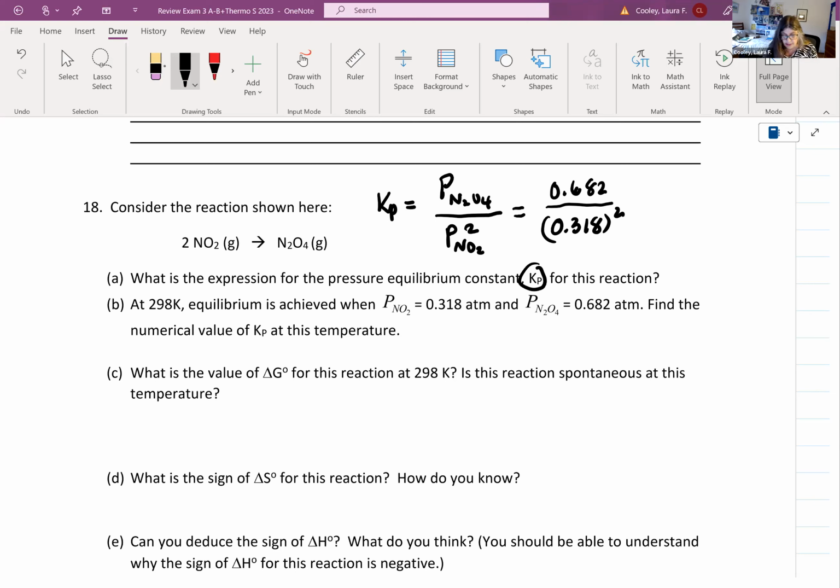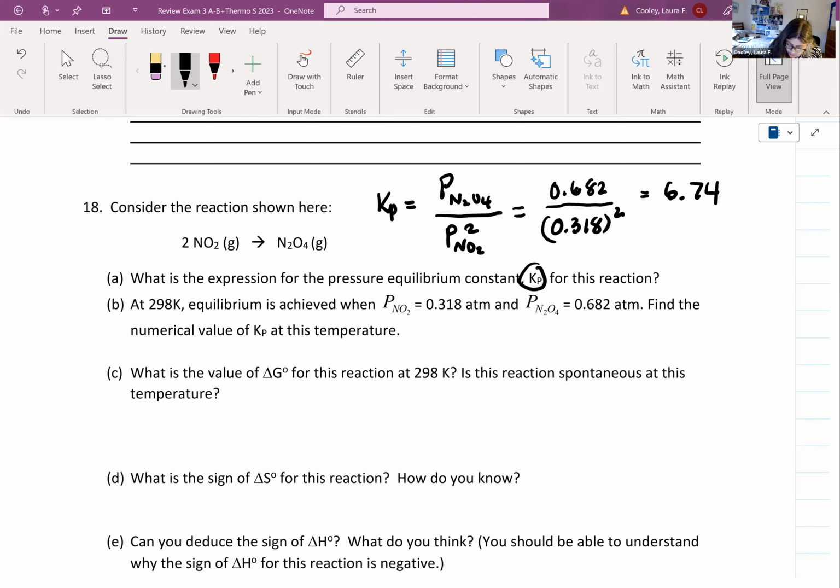So we could easily find the numerical value of that equilibrium constant by taking 0.682 over 0.318 squared. Then you get 6.74.